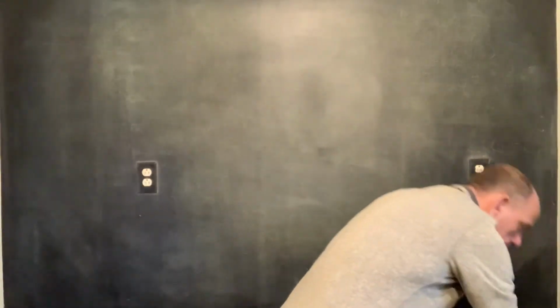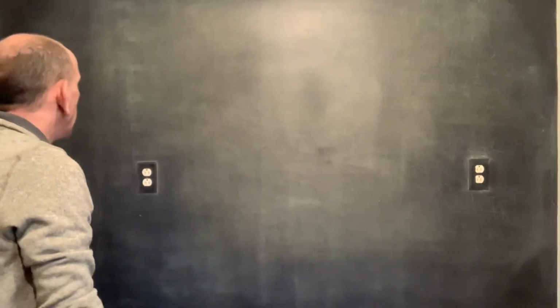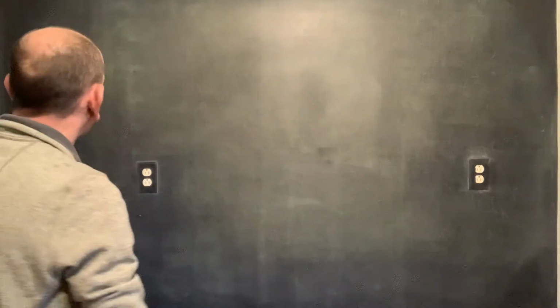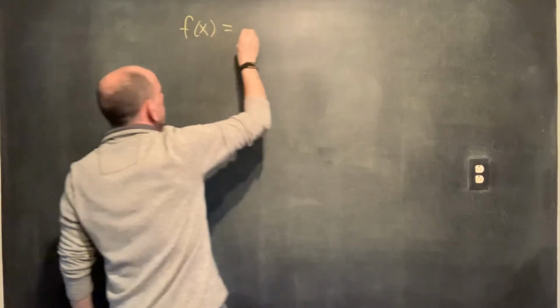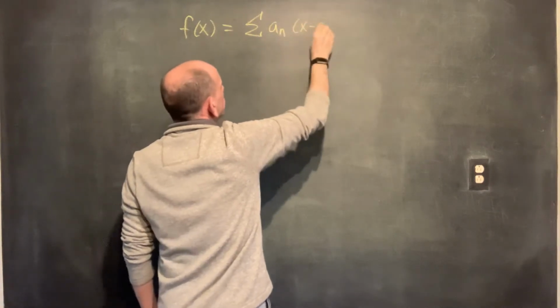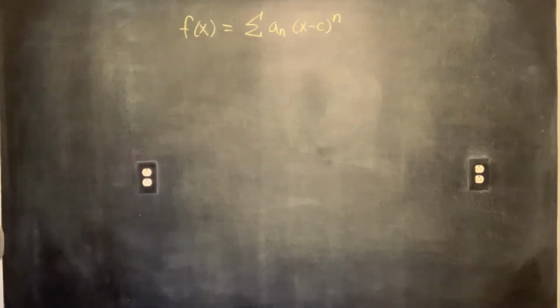But how do we do it in general? Let's say we can't fit it to a geometric or make it from a known base series that we have already. It's not anything like 1 minus anything or 1 over 1 minus anything. So what do we do? Well, it goes like this. What we're going to do is say, okay, if there is this function representation, if f of x is the sum a sub n x minus c to the n, well, what does that mean?